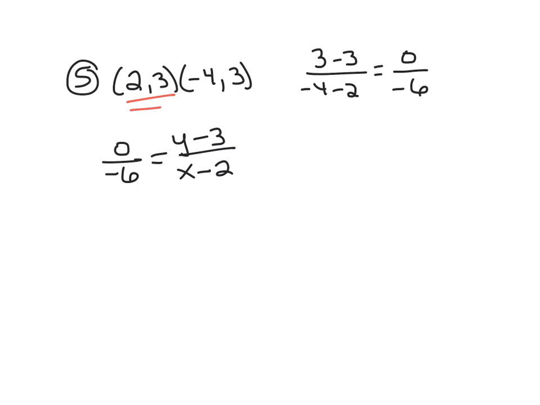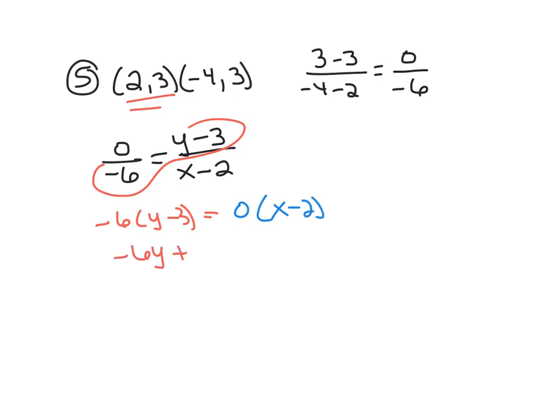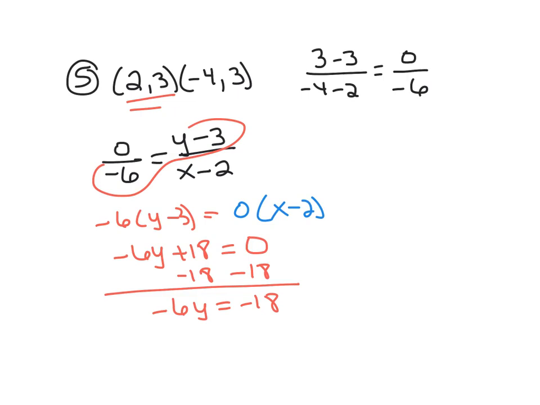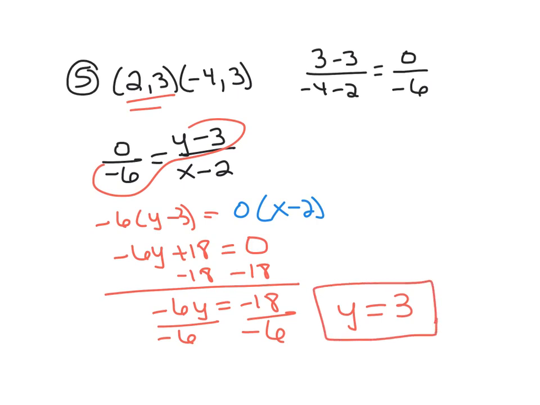I'm still going to cross multiply just like I've been doing. Negative 6 times y minus 3 equals 0 times x minus 2. Negative 6y plus 18 equals 0. I want y alone, so I'm going to subtract the 18. Negative 6y equals negative 18. Divide by negative 6. y equals 3.